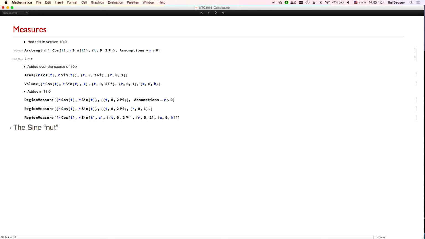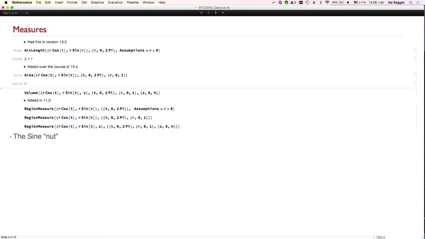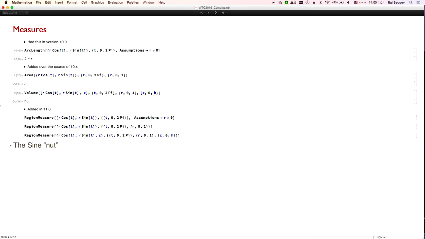And in 10.2 or thereabouts, about a year ago, we added parametric forms for area and volume. So here I integrate t from 0 to 2 pi and r from 0 to 1, and I end up with pi. Or volume, I now have 3 variables for my region and go from there.